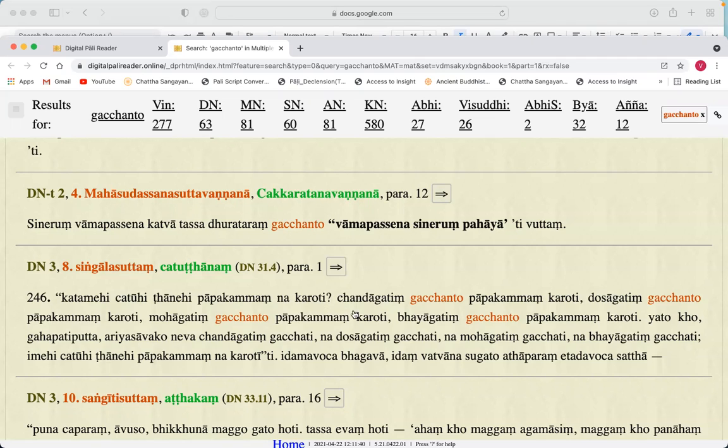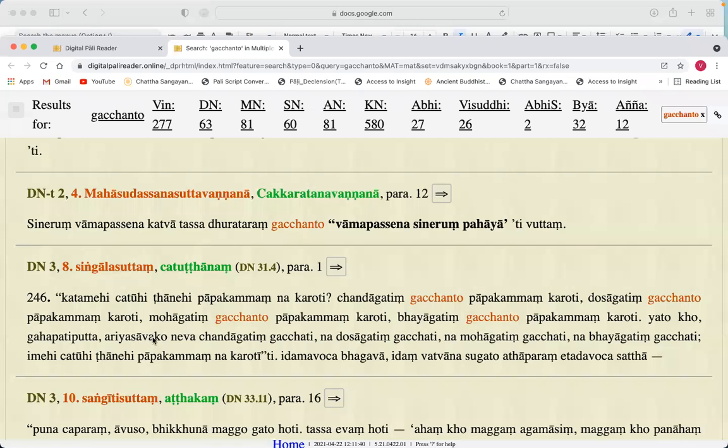Baba kamana karodi chanda kadin gichando. Baba kaman karodi, so gichando karoti. You see? Gichando karoti, also singular. And dosa kadin gichando, and moha kadin gichando. The subject will be buddhi so or so because of karodi. So soge chando karodi, singular.